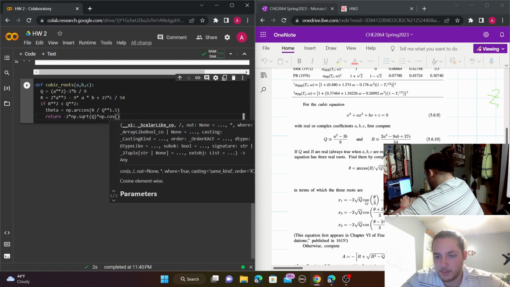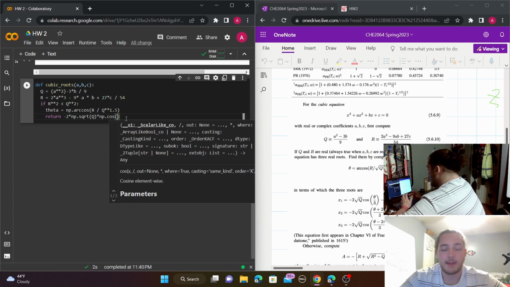And since all 3 of our roots consist of negative 2 times the square root of q times cosine of a theta value minus a over 3, we can go ahead and make it an array inside of our cosine, and we can use that in order to simplify it down some.